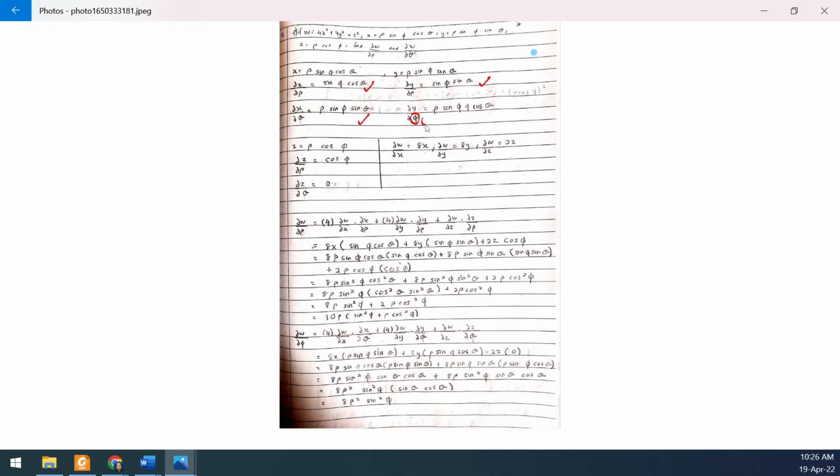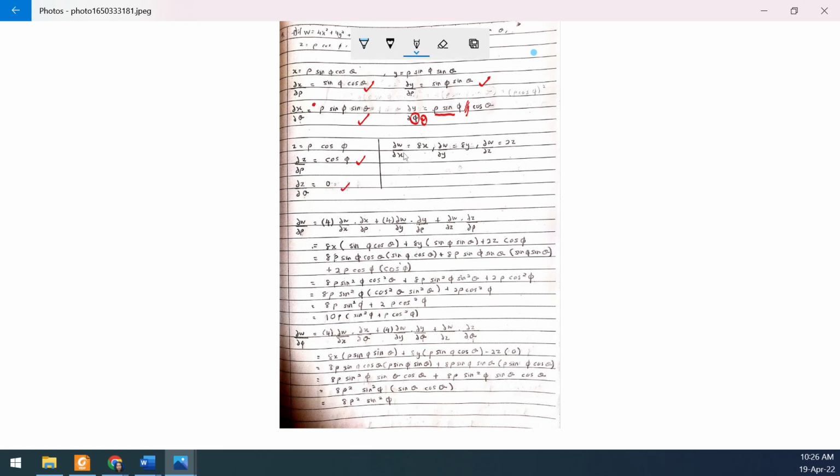Rho sin phi constant, and then differentiate sin theta, positive cos theta. So the answer is rho sin phi cos theta. This is negative rho sin phi sin theta. Okay, and then z is rho cos phi, ∂z/∂rho is cos phi, correct? ∂z/∂theta is 0, correct?